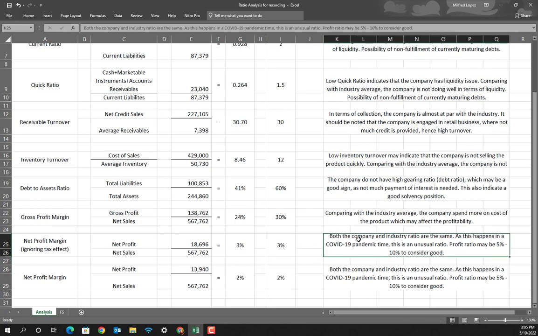Take note that these financial statements had been affected by COVID-19. The possibility is that they spent so much on operating expenses, which affected the profit. Now, in normal cases, a profit ratio between 5 to 10% is advisable to be considered good.